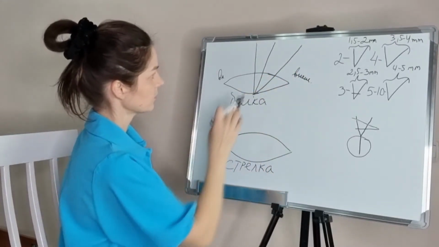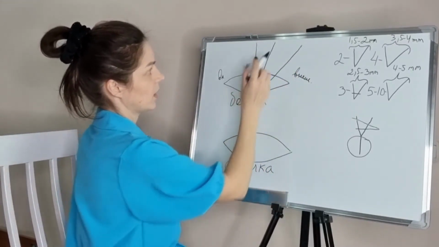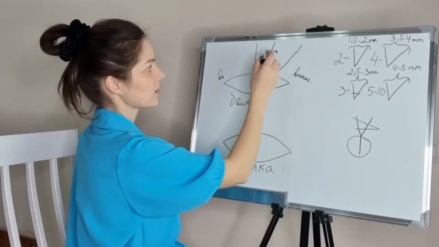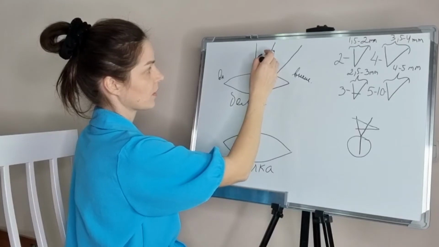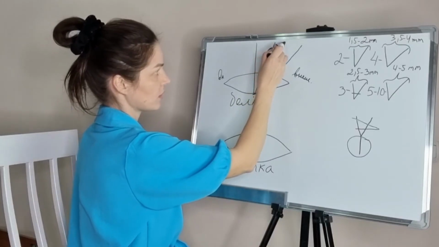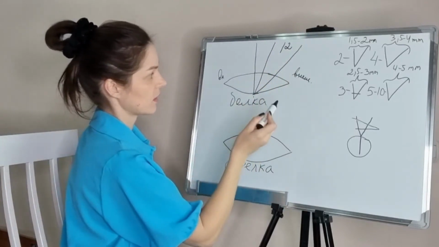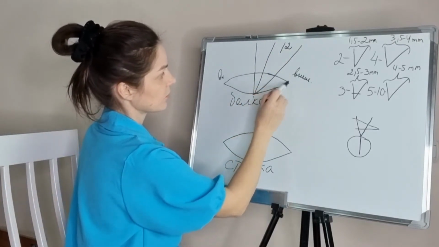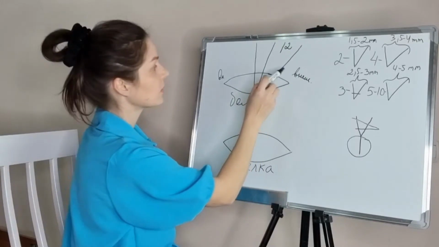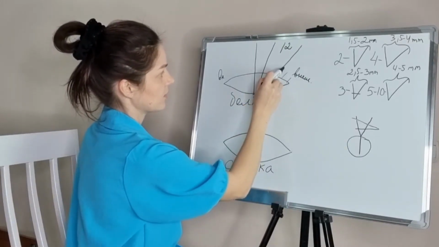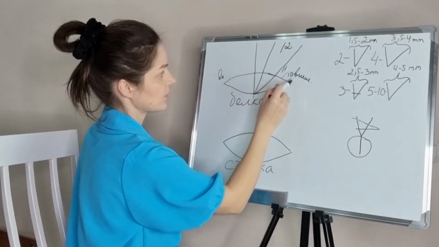So, look. The main length falls here. Let's say we have 12 millimeters here. Here we divide the outer corner into three more parts: 11, 10, 9.